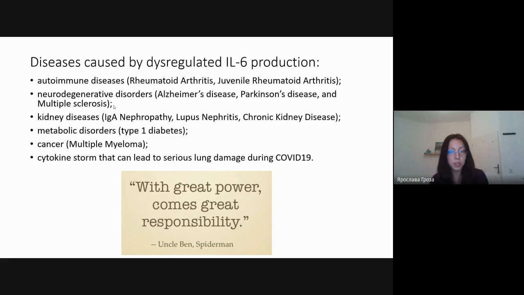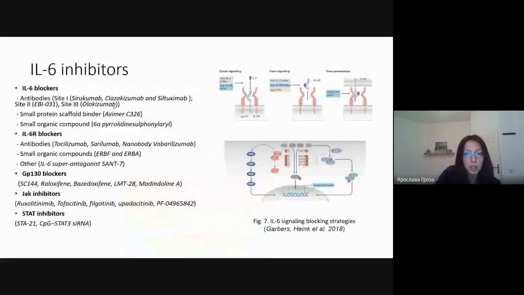During this project, it was shown that interleukin-6 plays a role in the production of these aberrantly glycosylated IgA antibodies. So we would like to create inhibitors to block interleukin-6 and to see if we can use it as a therapy for IgA nephropathy.